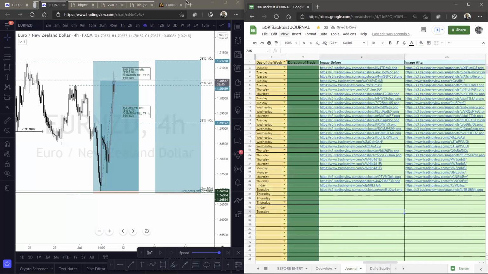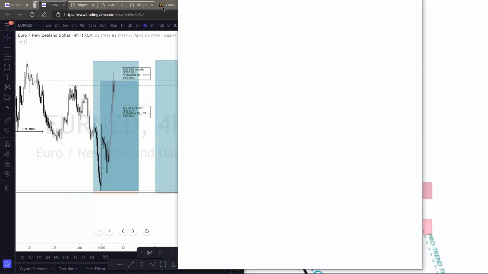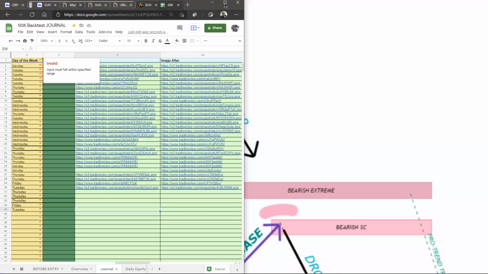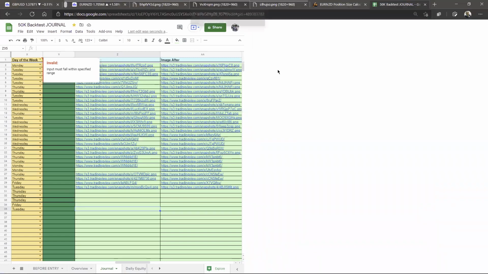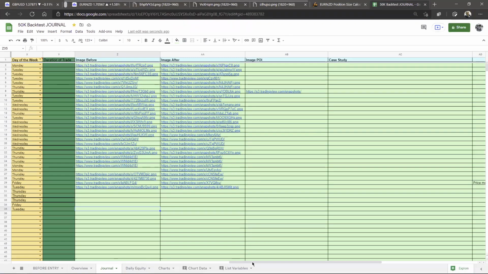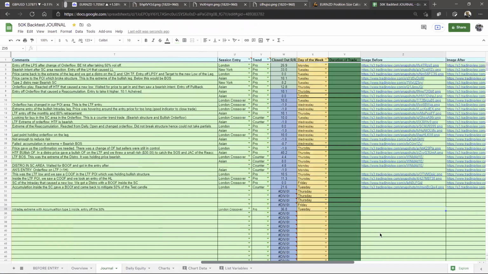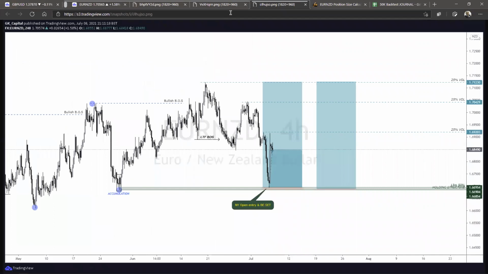Okay, so you can join that back in here now. Okay, all right, so this is the before.